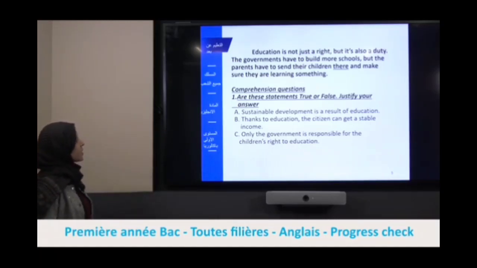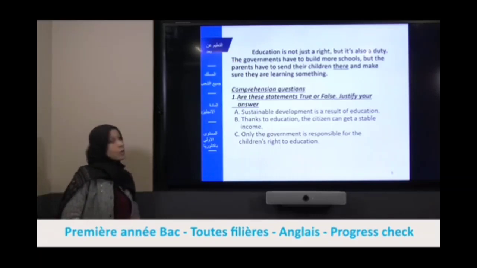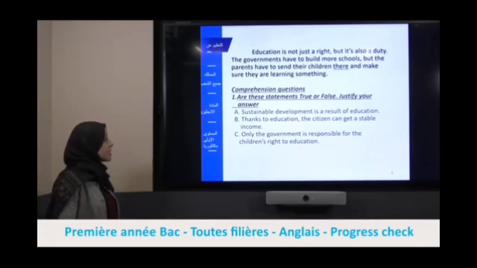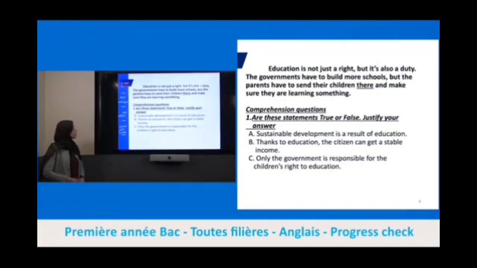A, sustainable development is the result of education. B, thanks to education, the citizen can get a stable income. And C, only the government is responsible for the children's right to education. So take your time to do this exercise.